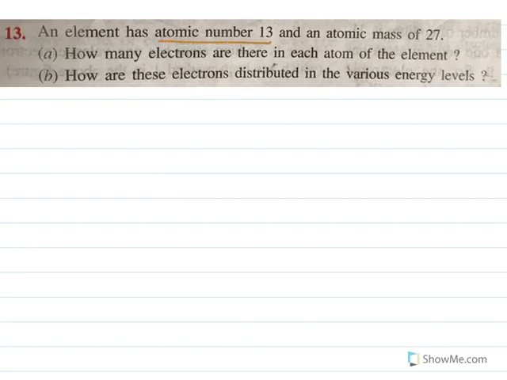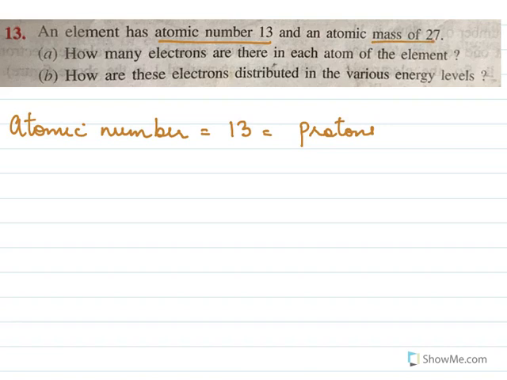An element has atomic number 13. So let me write that. Atomic number 13 means what? Protons equal to 13 and mass number 27. Mass number equal to 27, which is protons plus neutrons.